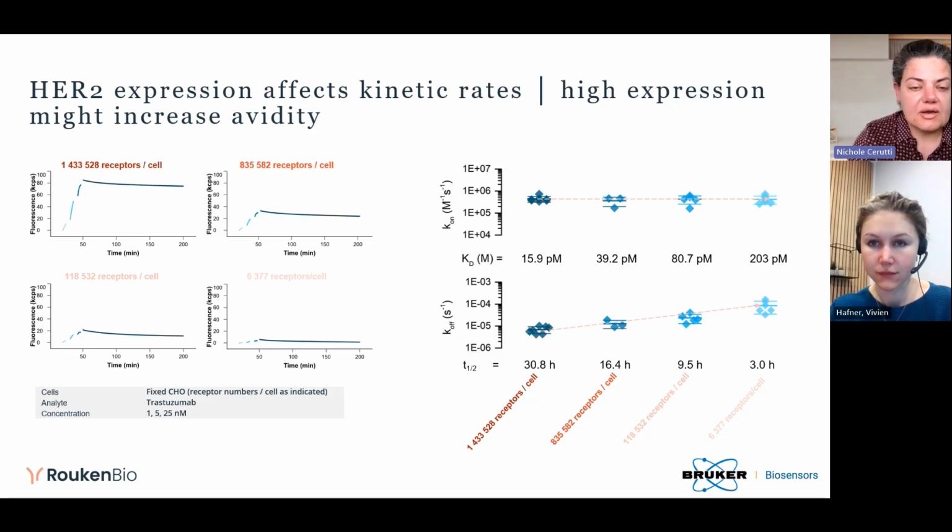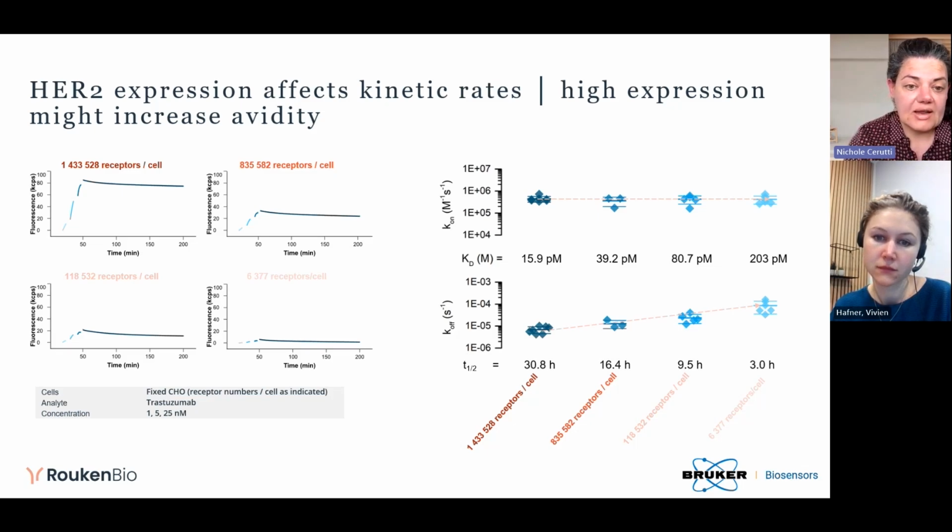When you look at the on rates over here, you can see that they're all very similar, irrespective of the number of receptors per cell. However, when we look at the dissociation rates, the number of receptors per cell starts to play a very important role, with presumably avidity effects.